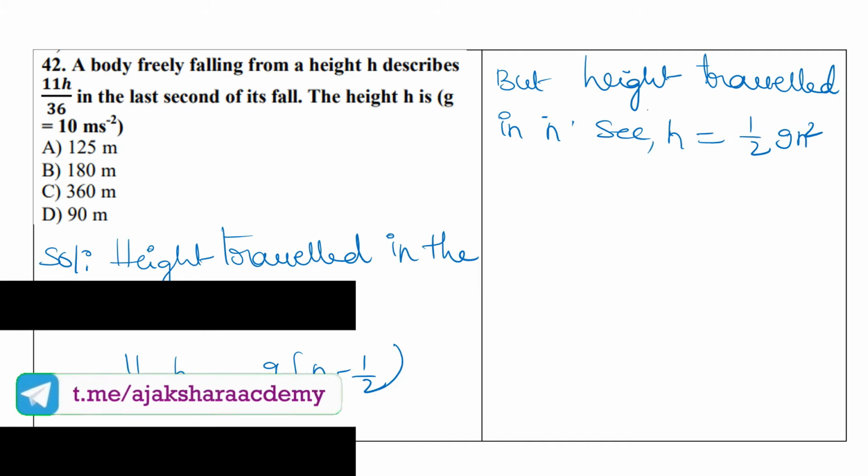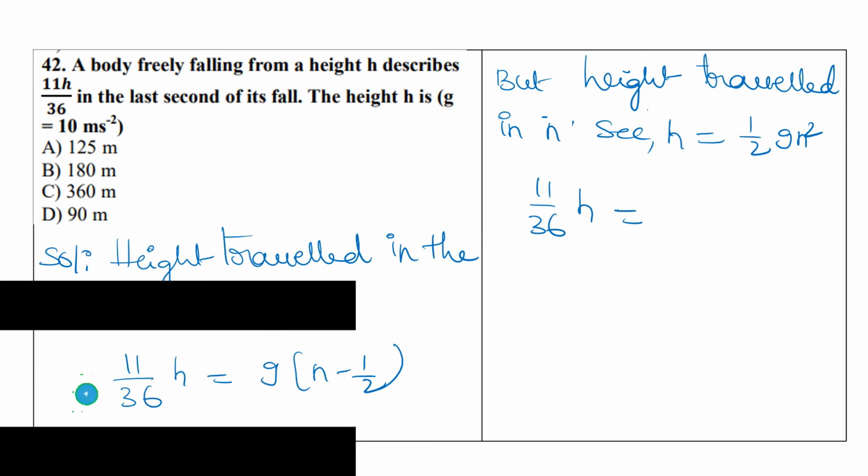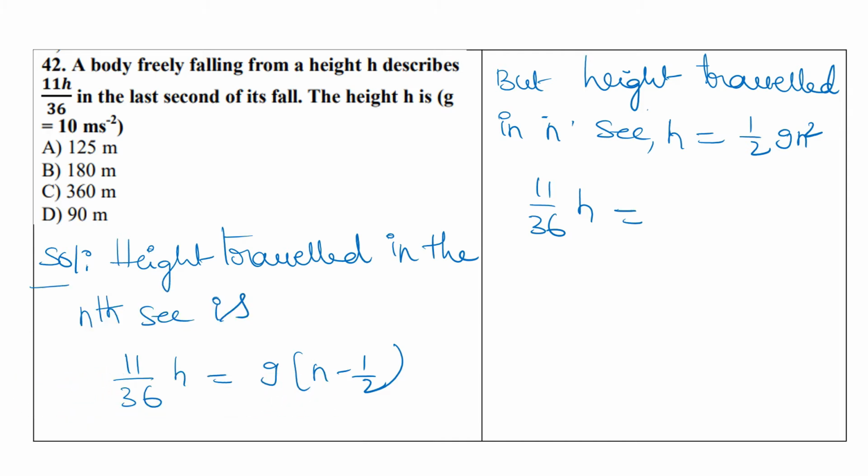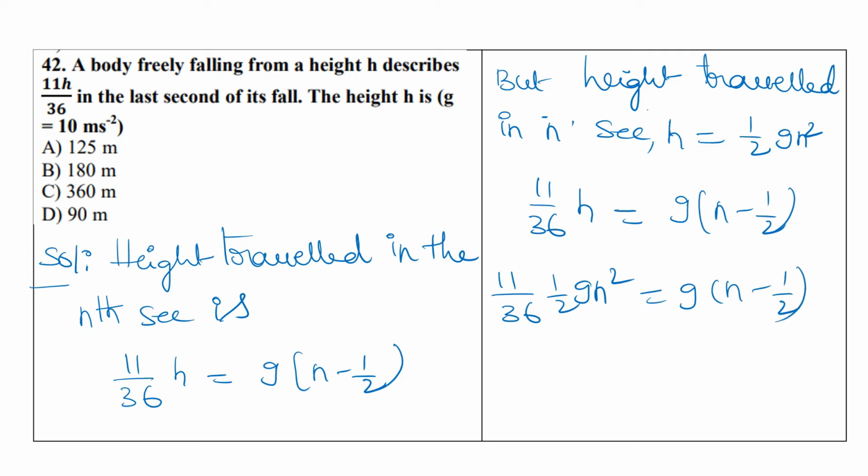So 11 by 36 h is equals to g into n minus half. Substituting h, half g n square is equals to g into n minus 1 by 2. g gets cancelled.